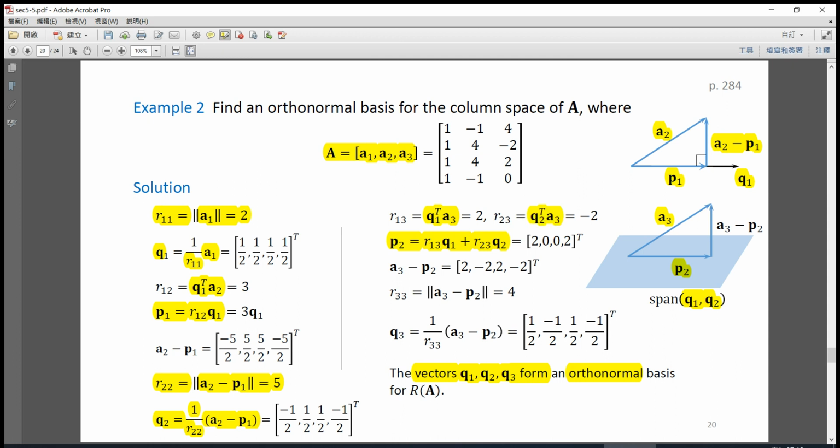Once we obtain P2, we can compute A3 minus P2, which is a non-zero vector, and we can define Q3 as A3 minus P2 divided by its length R33. The vectors Q1, Q2, Q3 form an orthonormal basis for the column space of A.